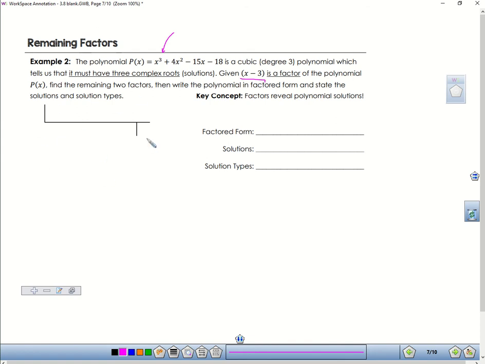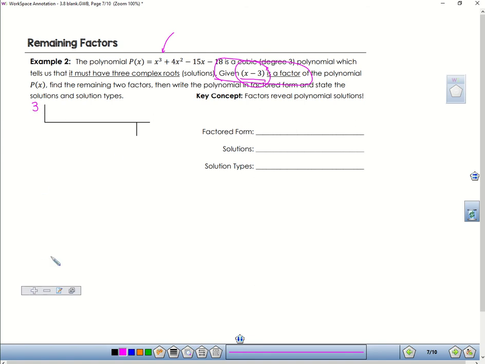So we're going to do that synthetic division. If you see a factor given, this is very important, guys, listen. They'll phrase it this way. If your factor is given and they say it's a 0 solution, you need to divide by that. So if I'm dividing by x minus 3, what's going to be on the outside of my synthetic division?